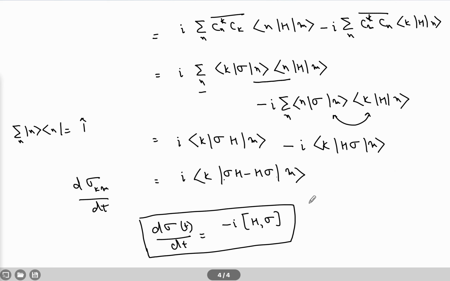This equation is called the Liouville von Neumann equation, right? And this will be used very often in understanding the time evolution of the density operator. So let us now see the solution of this equation, okay?